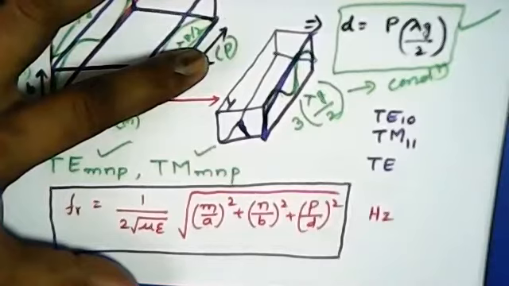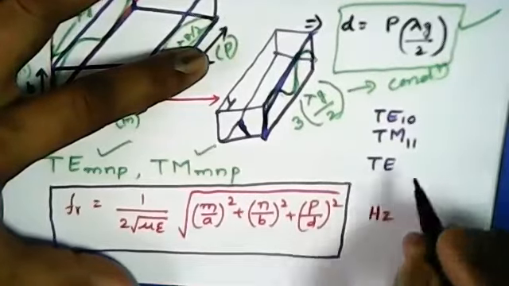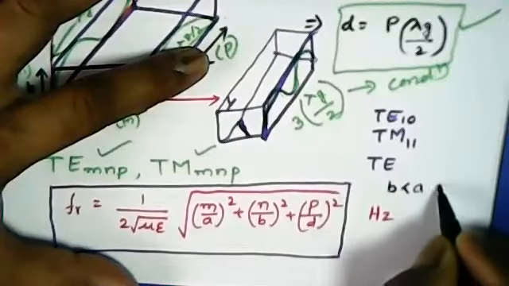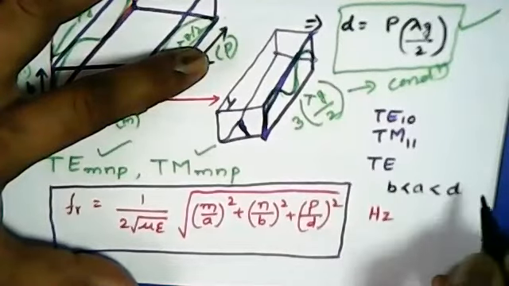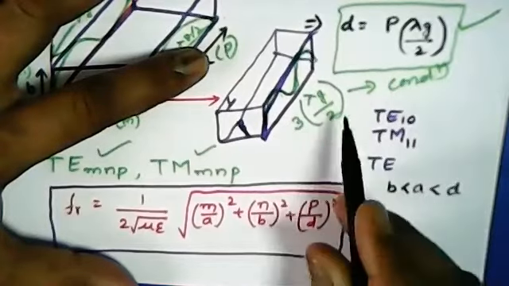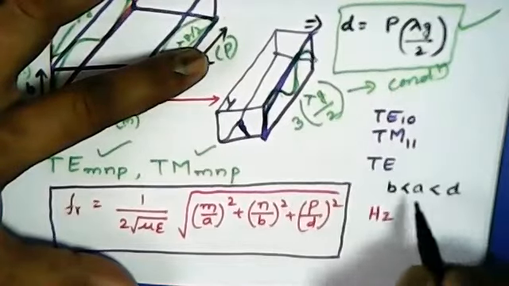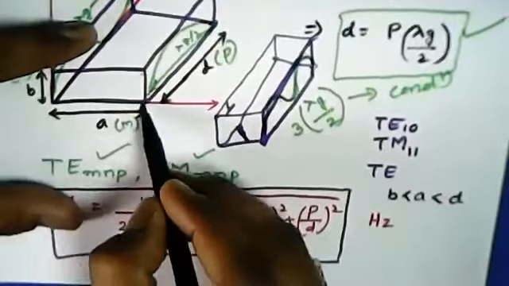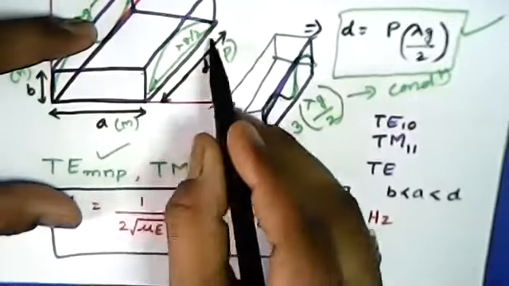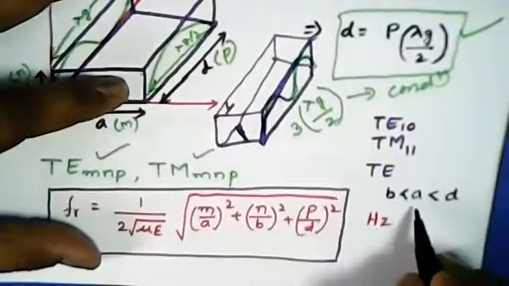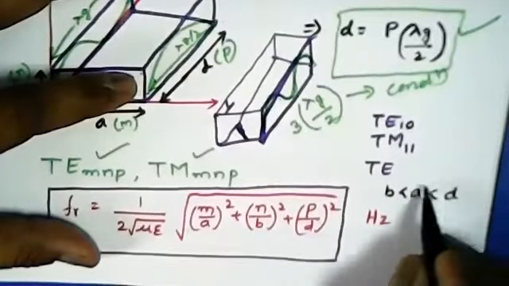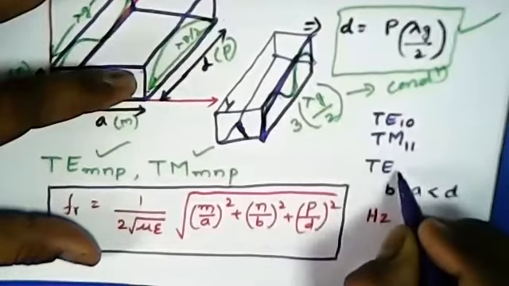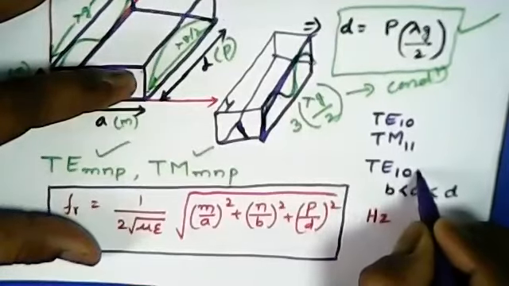If it fulfills the condition that the B dimension should be less than A and the A dimension should be less than D. See here, if a cavity resonator satisfies this condition, B should be less than A and A should be further less than D, then the dominant mode for such cases is taken as TE101.